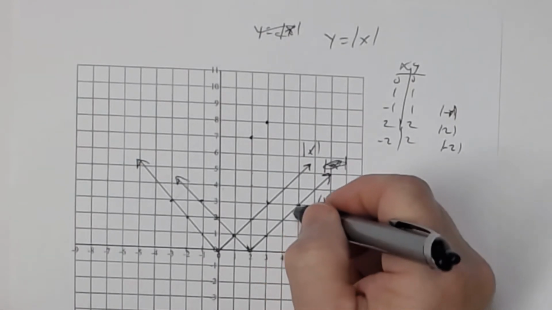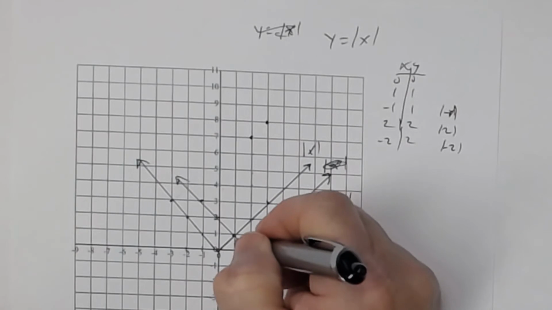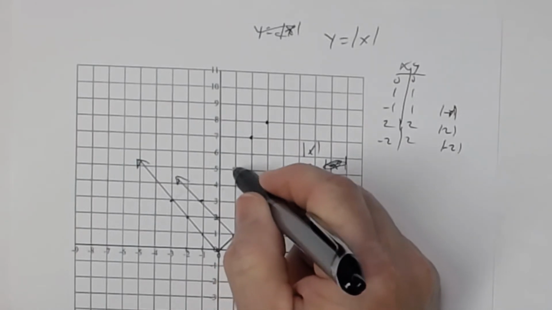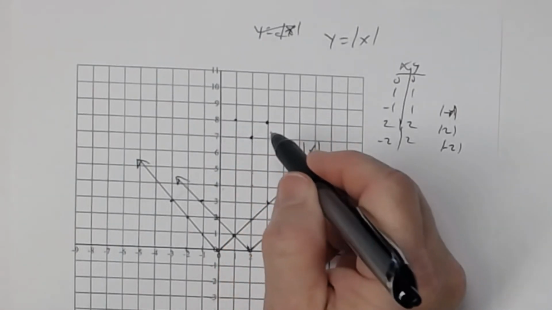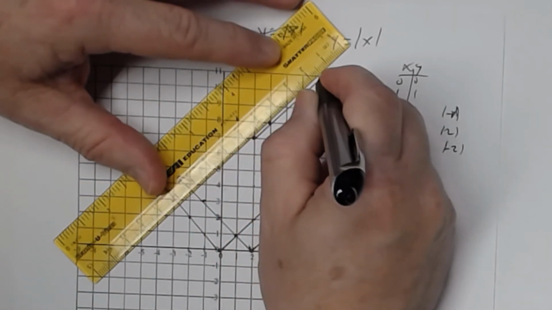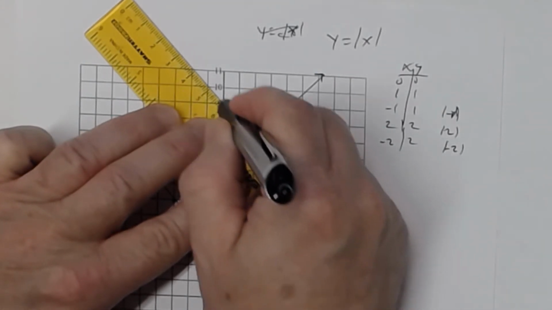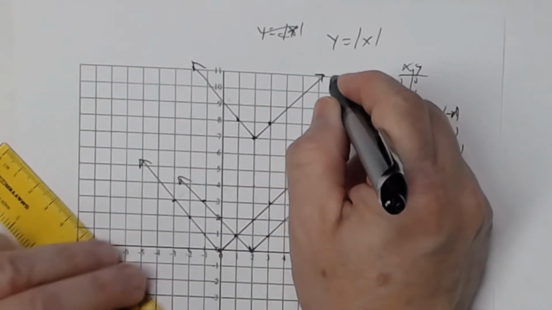And remember it's a V, right? So you really just need 2 points here. And then go over here. 1, 2, 3, 4, 5, 6, 7. And then this right here is g of x.